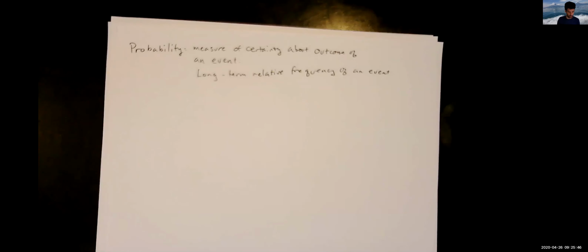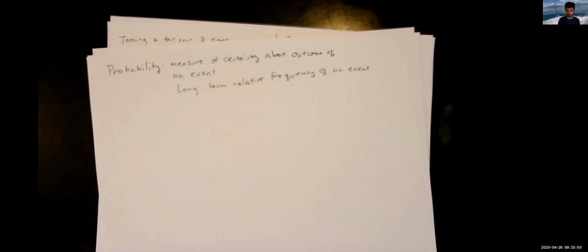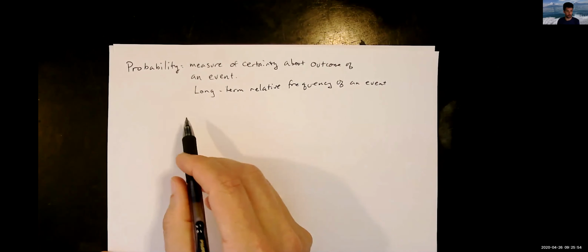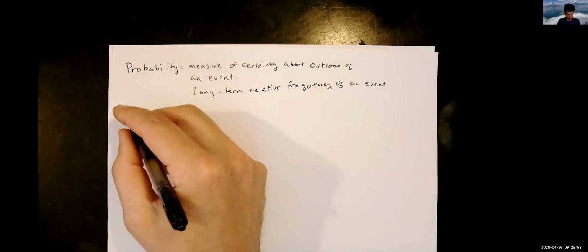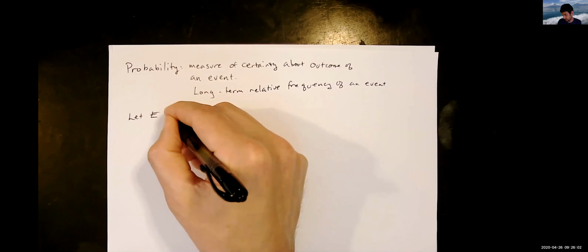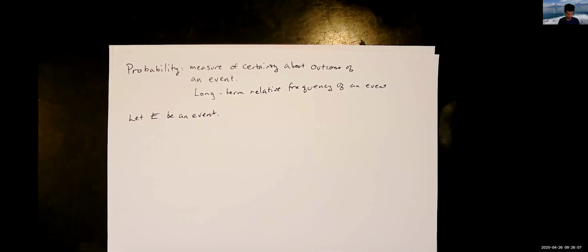And we'll have some notation for it. And then we'll compute some using those sample spaces and experiments we just looked at a moment ago. So here's our notation. Let's let E be an event, right? Just giving it a name.